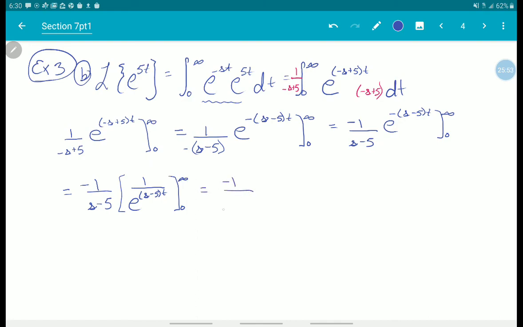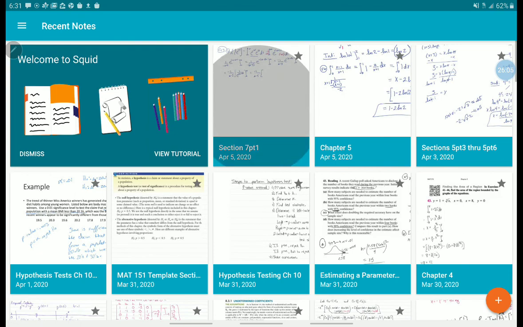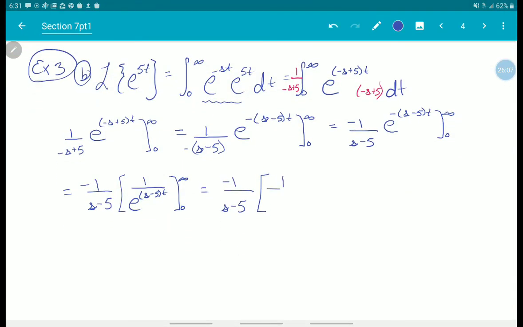So I'm not using that limit process here. I am using the limit process, but I'm not writing it out. So let's think about what happens as this guy gets bigger and bigger. So we have e to the s minus 5. If we were to plug infinity in here, notice that that exponent's getting bigger and bigger.